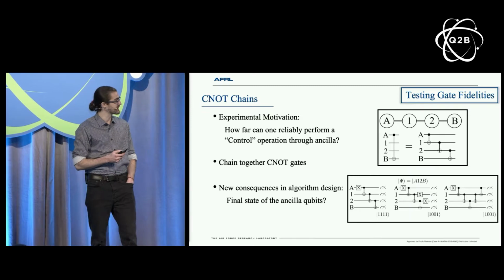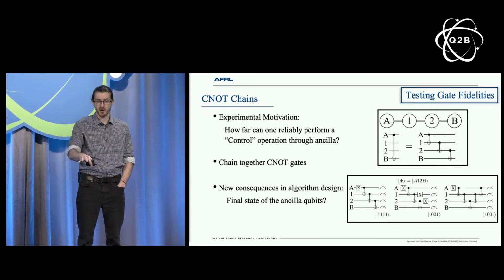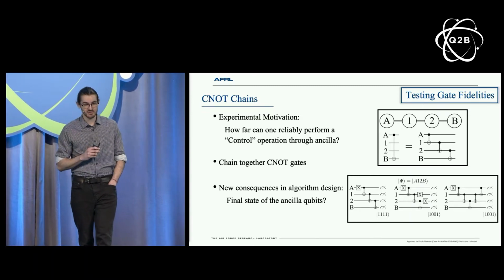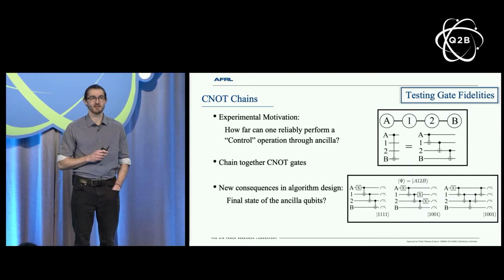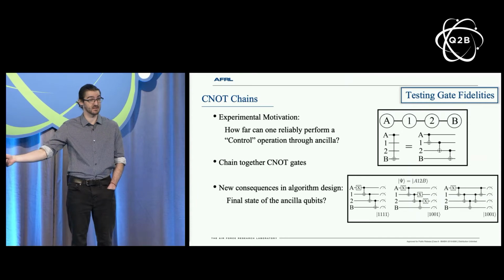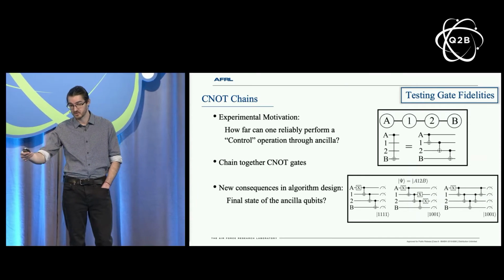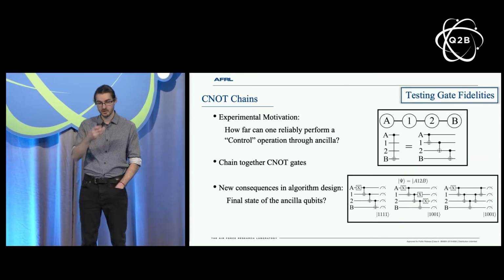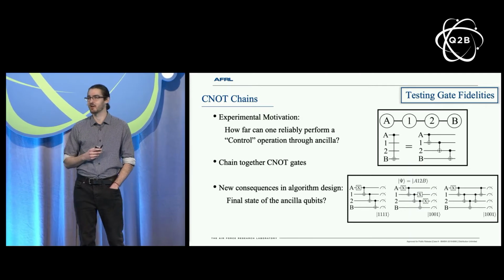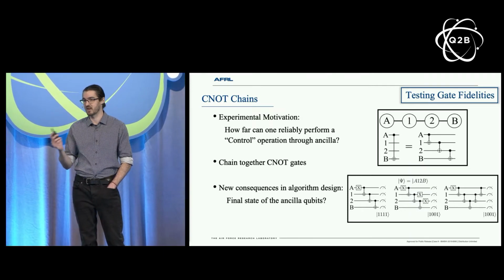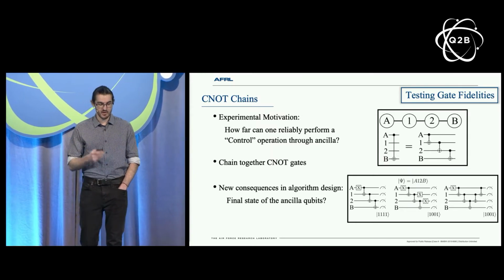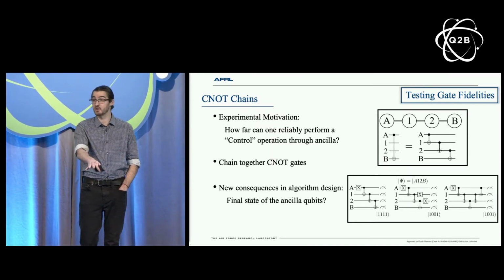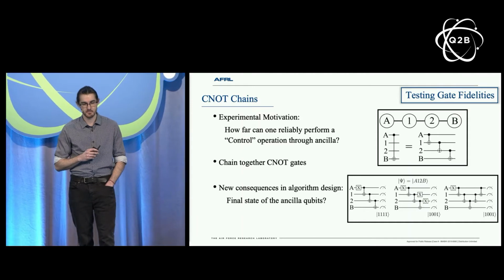And that's what you can see down here in the bottom plot. The top plot is just a basic C naught chain. You've got qubit A that wants to do a C naught on qubit B, but qubits 1 and 2 are in the way, so what do you do? Well, you just string along a bunch of C naughts, and that's that. But now at the bottom, that same circuit, essentially, these are the ones we tested, and you'll see the results coming up soon.